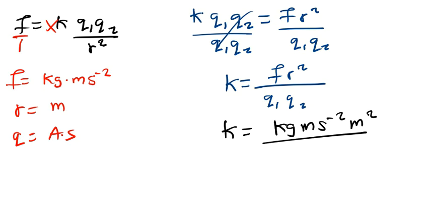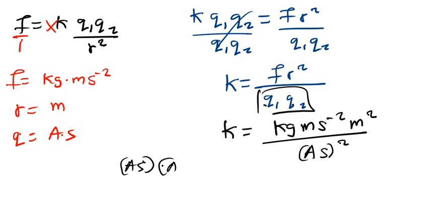I divide it by q and q, they are the same, meaning they are going to be A s. Now I need to square this because they are two. You know what I mean, right? It's the same as A s times again A s. So this A s represents q1, another A s represents q2, which is the same as just squaring them.